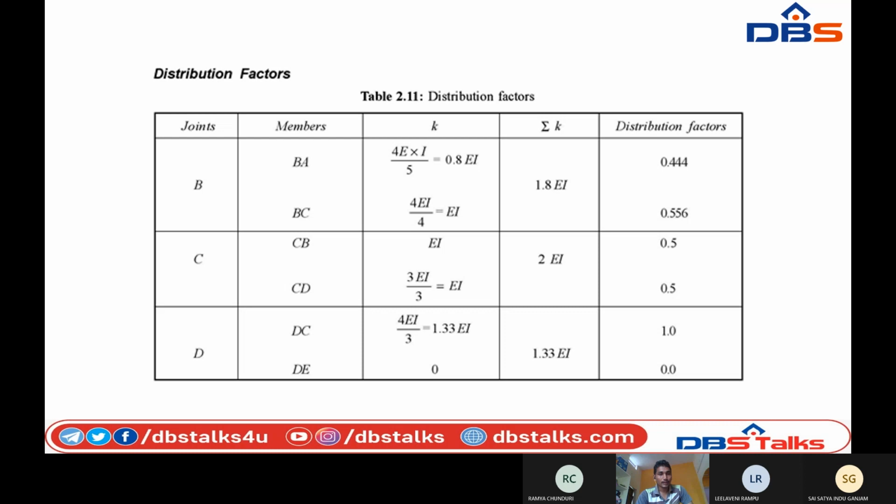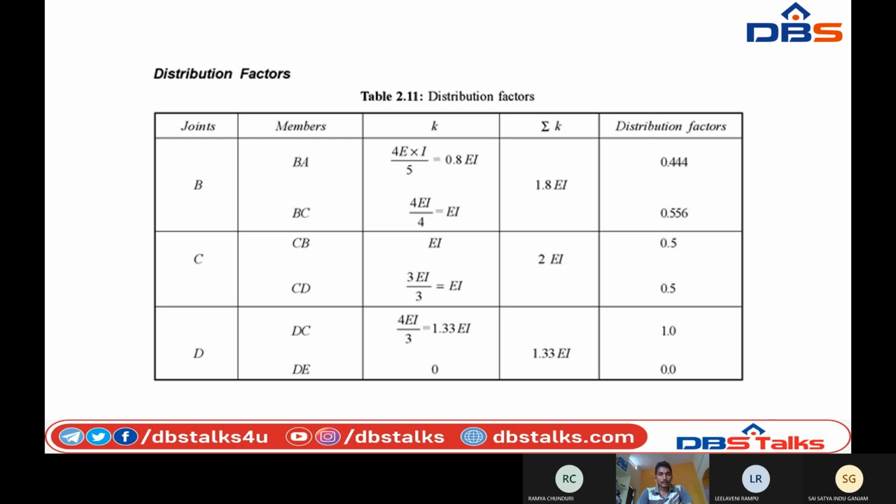Next BC, 4EI by 4 equals EI. At B, sigma K equals 1.8 EI. Distribution factor equals K by sigma K: 0.8 EI by 1.8 EI equals 0.444, and BC equals 0.556.